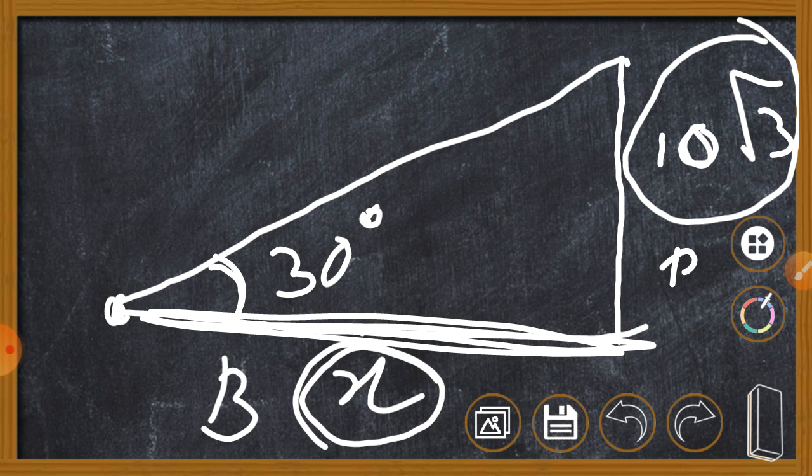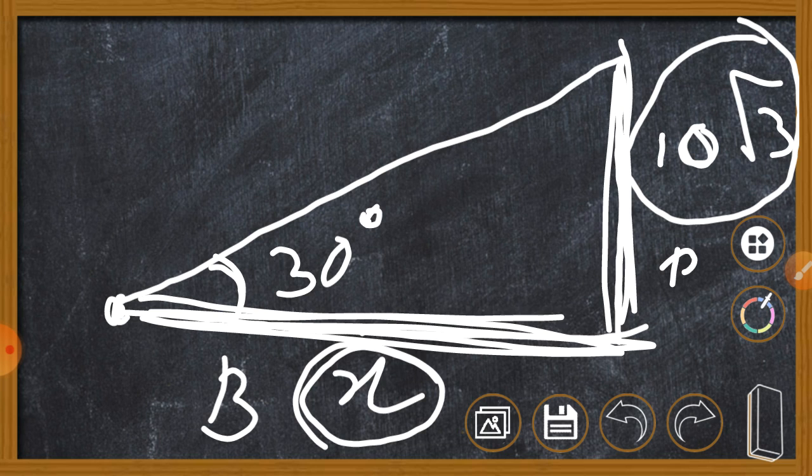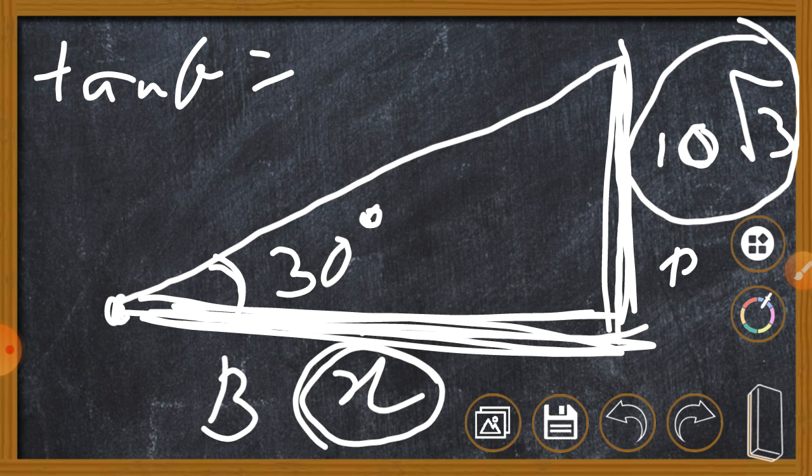Cos theta, curly brown hair, has base but also hypotenuse, which we don't need. Next, tan theta, turning permanently black, has both perpendicular as well as base. So we will apply that over here: tan theta is equal to p by b.